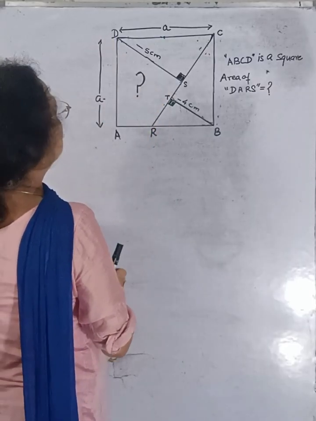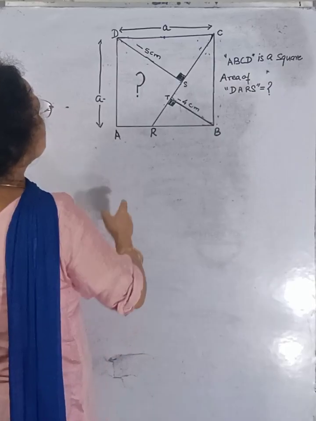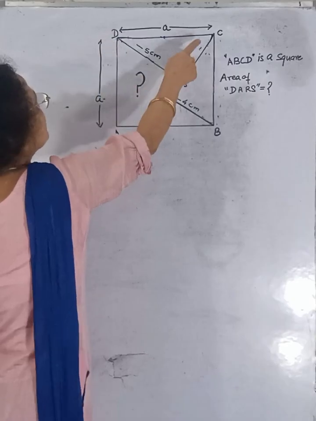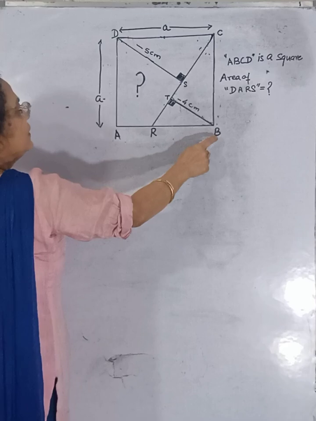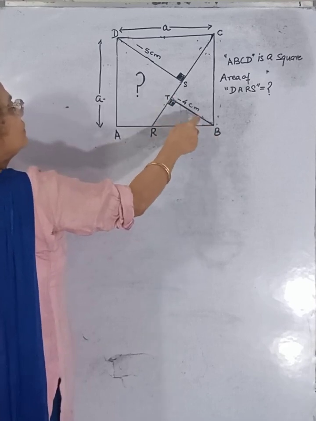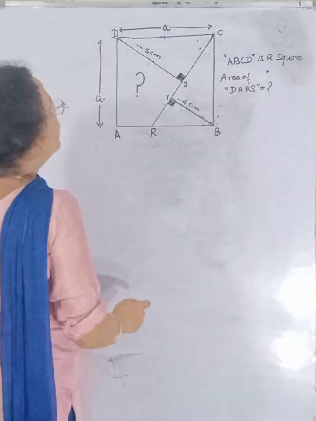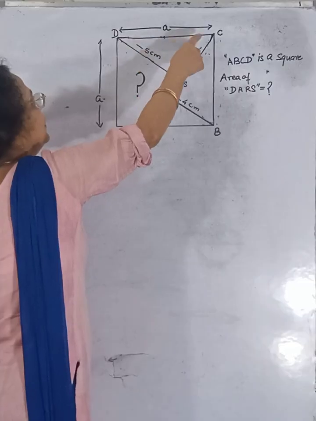How can we do it? First of all, we will take into consideration the triangle DSC. This is a 90-degree angle, and in this triangle BTC, this is 90, because we have drawn the perpendicular from B on CR and the perpendicular from D on CR.